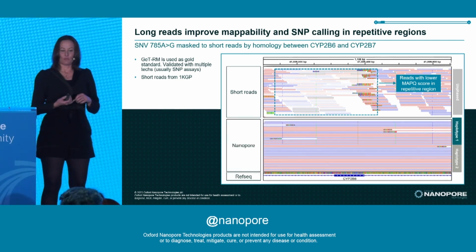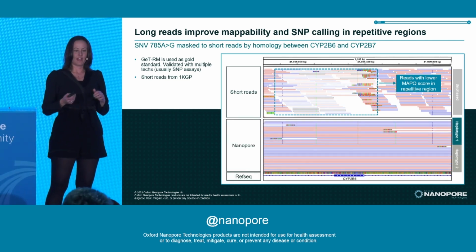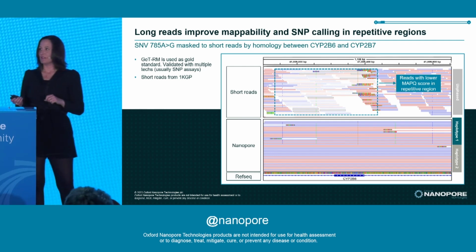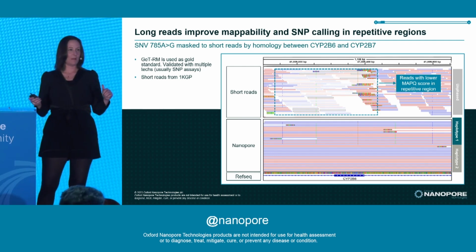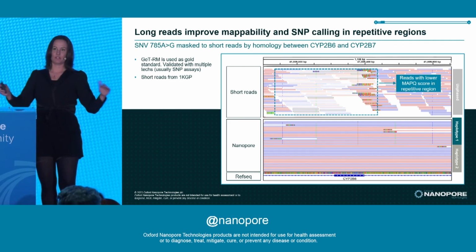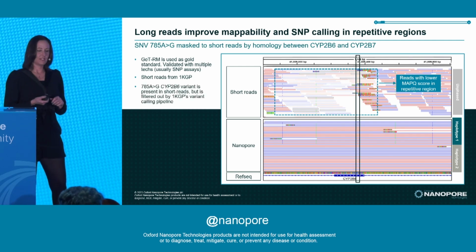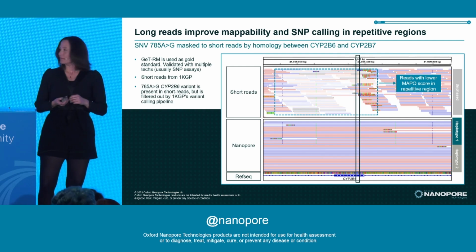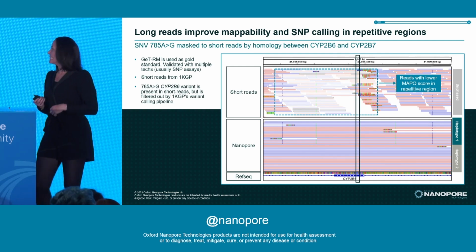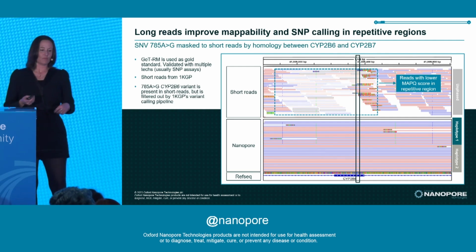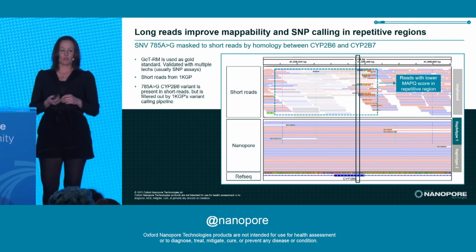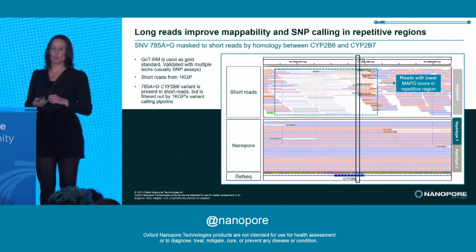If you look at the same region with nanopore reads, you'll see that we cover this region completely. We have no problem mapping the reads because they're long enough that you can see through the repetitive region. Now what you'll see here is that there is a SNP. It might be a little bit hard to see, but that SNP is an informative SNP. If you squint, you can actually see that it is in the short reads as well.